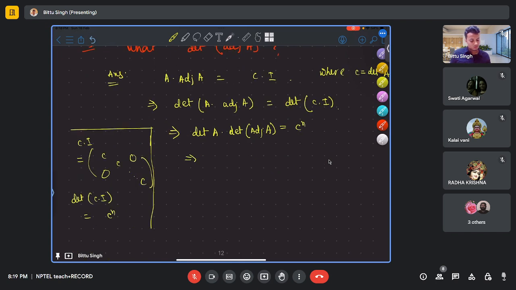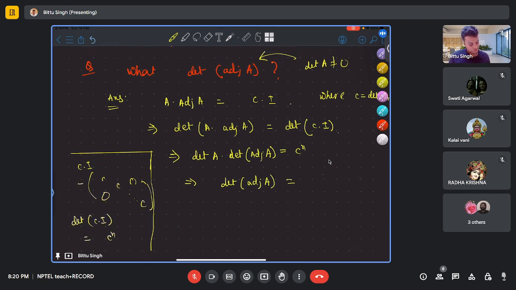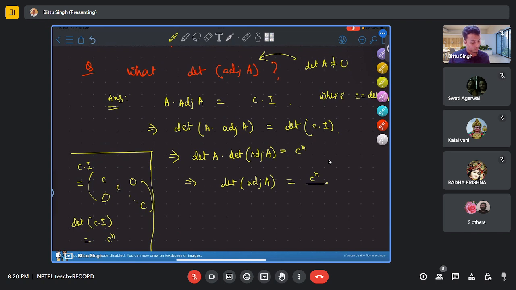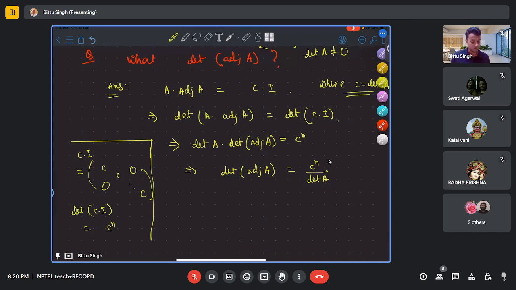Then this is the same as determinant of adjoint A times det A, so you can divide. This is C to the power n by det A. But what is C? C is actually det A. So this is det A to the power n by det A, which is det A to the power n minus 1.